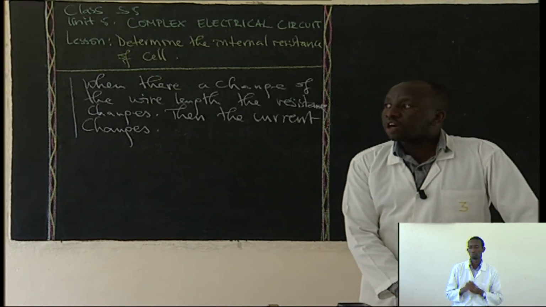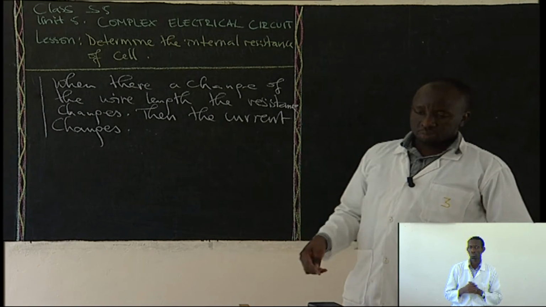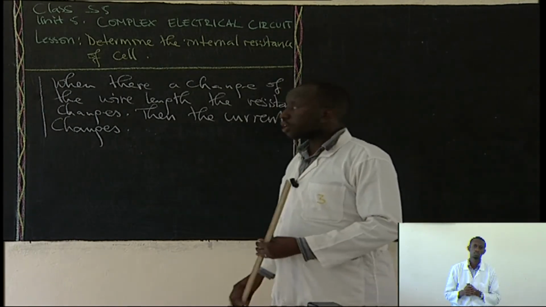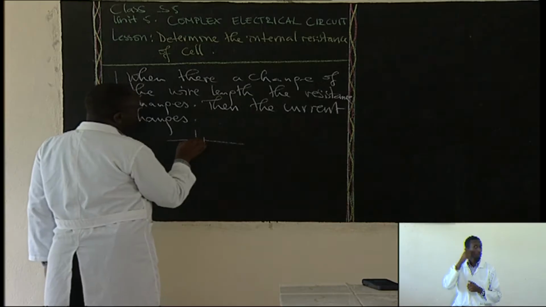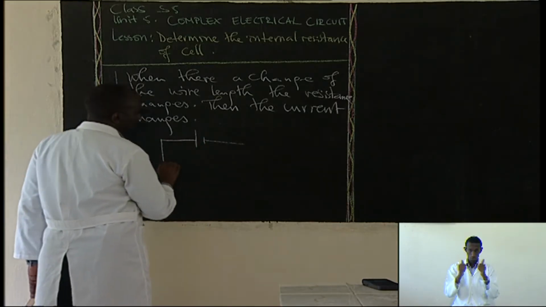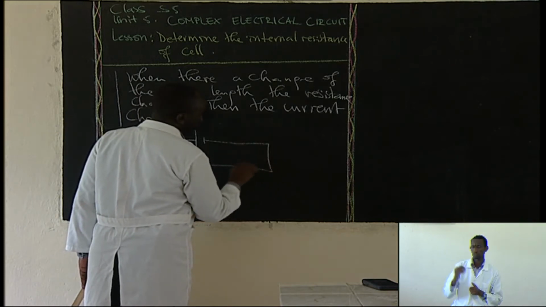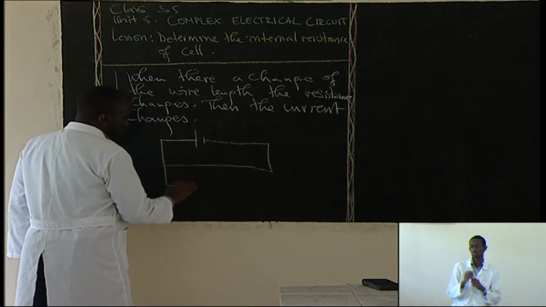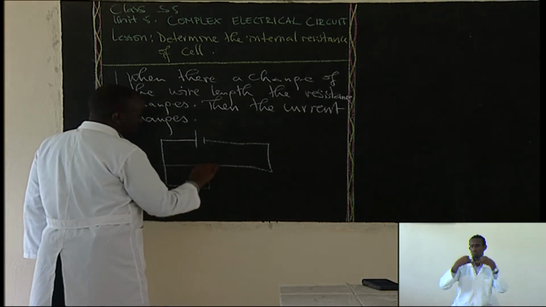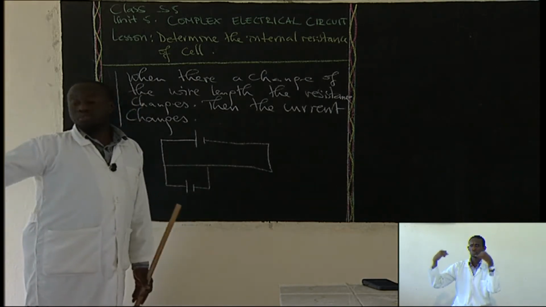So let's start now with a simple potentiometer circuit. As you see, we have a diagram. I think that you are following me, yes? In this diagram, there is a potentiometer, and this is the wire. There is a cell, and this cell is connected to this one, as you see there.